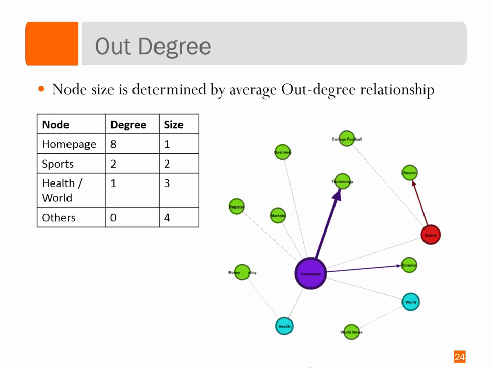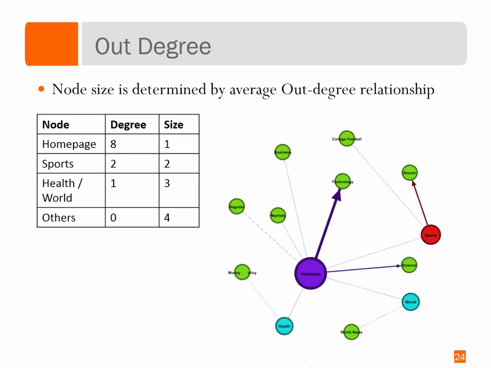Now in our third example, this is probably a little bit more practical way that we're used to looking at the dynamics between web pages, known as average out degree, where the node size is determined by the average of out degree relationships. Here the number of out degrees that the home page has is 8.